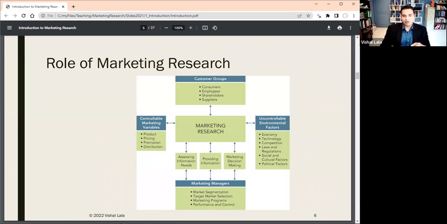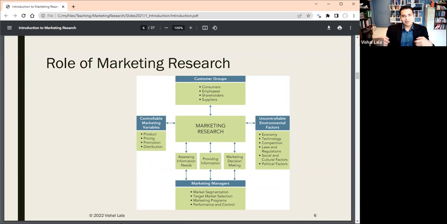You can think about marketing research as playing a key role in enabling marketing. Marketers want to take decisions to better cater to the customers. These include product, price, place, and promotion. They have to figure out the feedback they're getting from the larger environment, including uncontrollable factors.